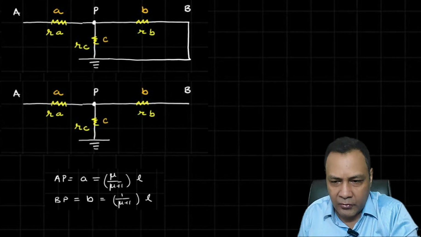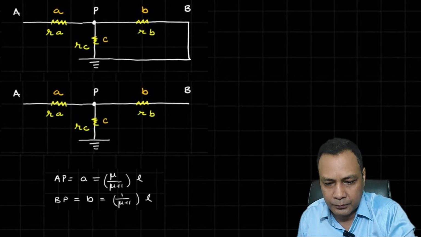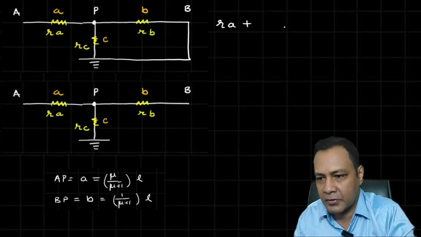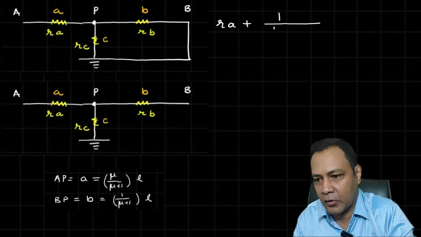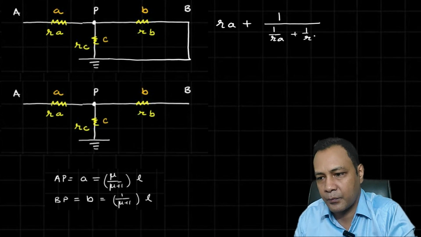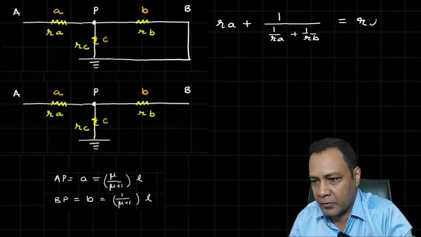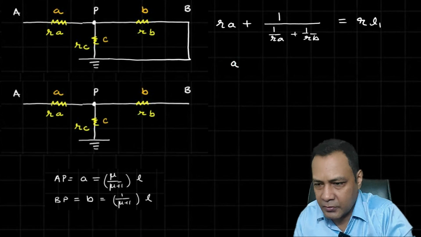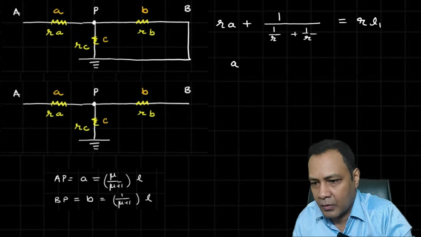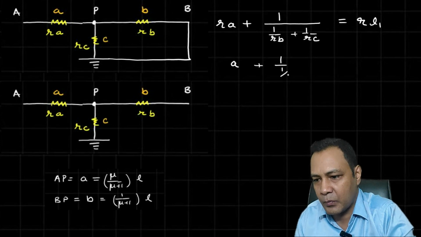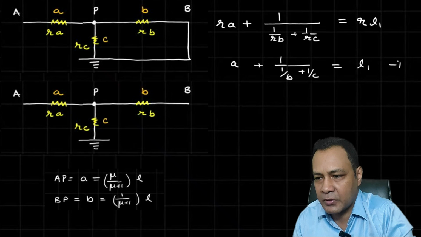So the equivalent resistance between A and ground is equal to RA plus the parallel of RB and RC, that is 1 upon 1 upon RB plus 1 upon RC, and that is equivalent to RL1. Simplifying, I get A plus 1 upon 1 by B plus 1 by C is equal to L1. That is my first equation.